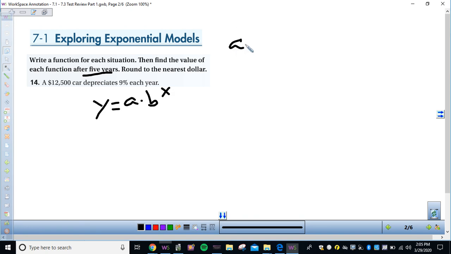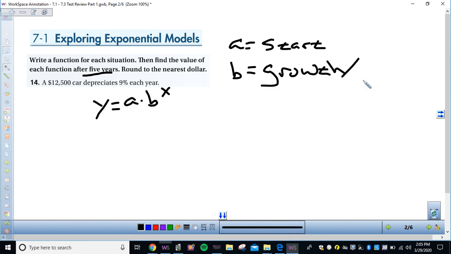Remember, a is the starting amount. B is either the growth or decay. Our starting amount here is 12,500.